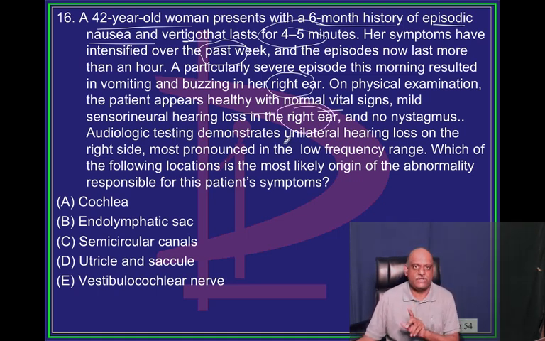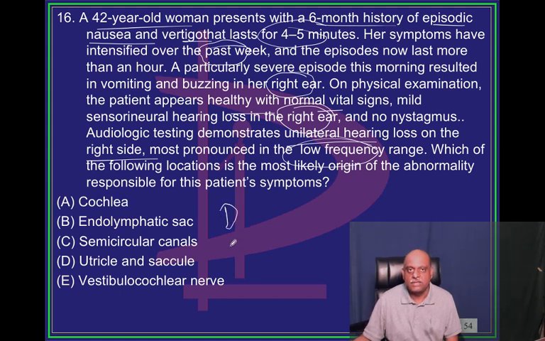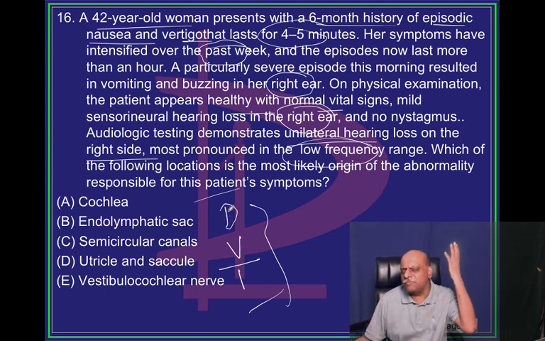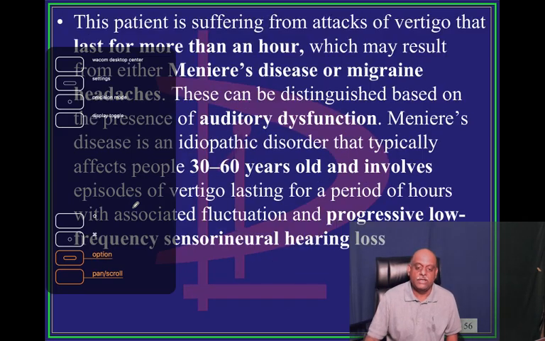No nystagmus. There is vertigo, tinnitus, but no nystagmus. And there's a unilateral hearing loss on the right side, especially for the low frequency range. So what do you have, doctor? Deafness, vertigo, tinnitus. This is the combination that you typically have in this case. There is a classical feature of Meniere's disease, which is endolymphatic hydrops, is what you need to remember.